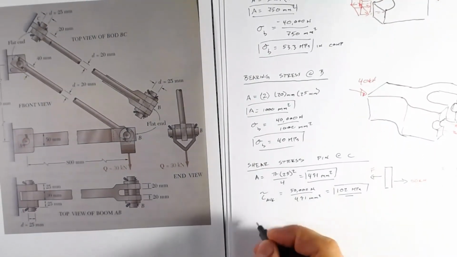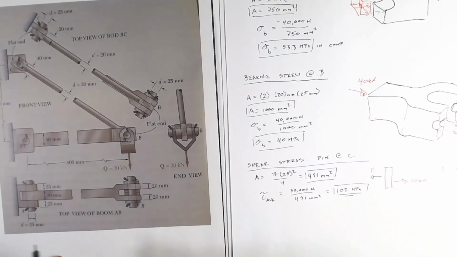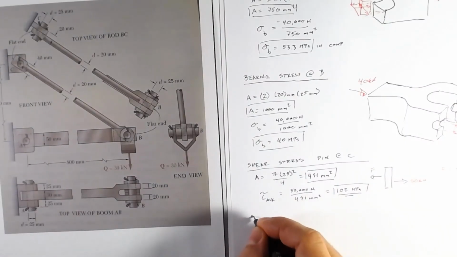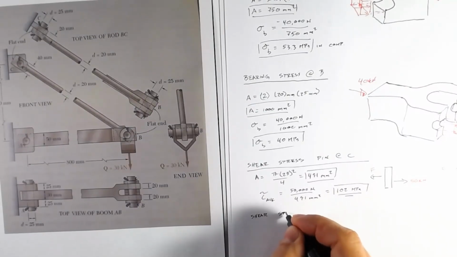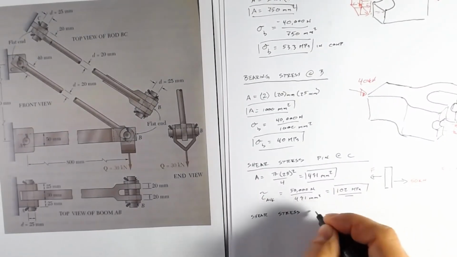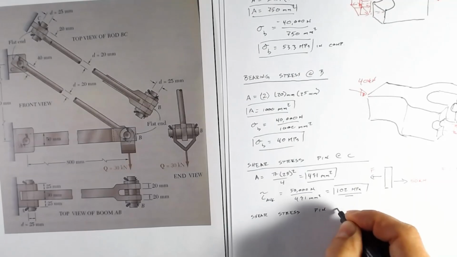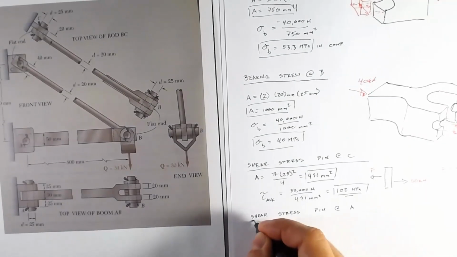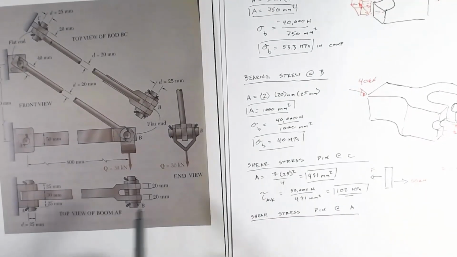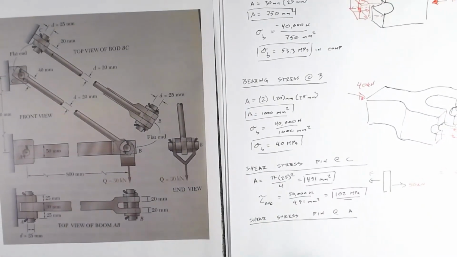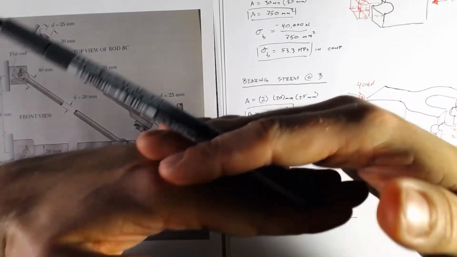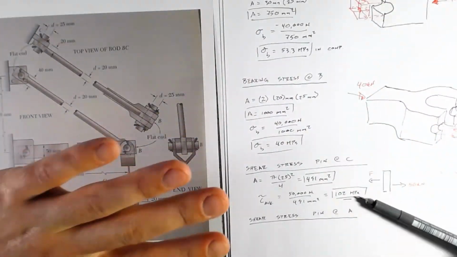Let's look at the shear in pin at A. Shear stress, pin at A. So at C, we had 2 members which were pulling each other apart and doing this.